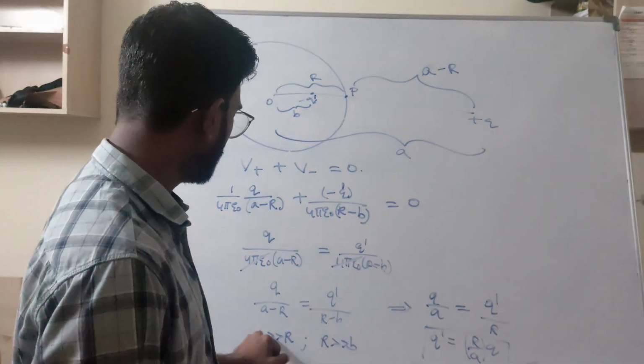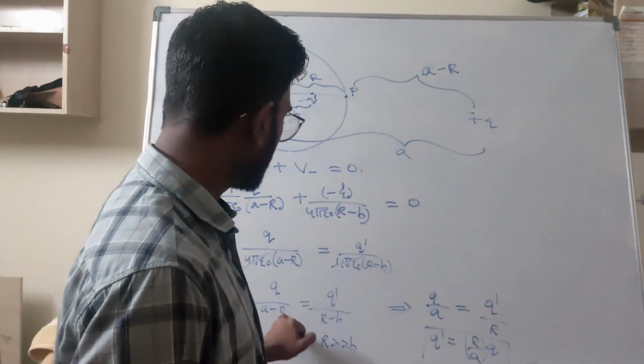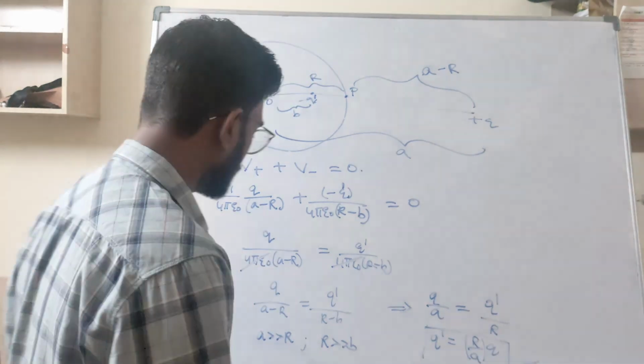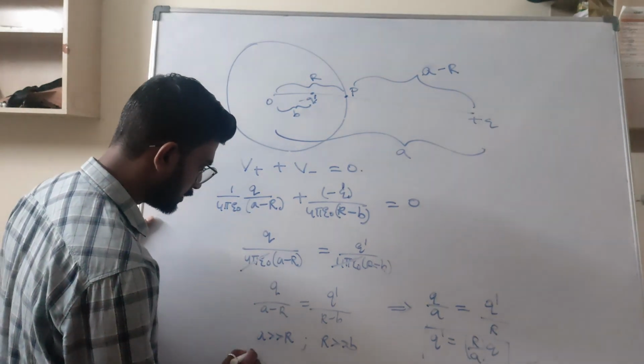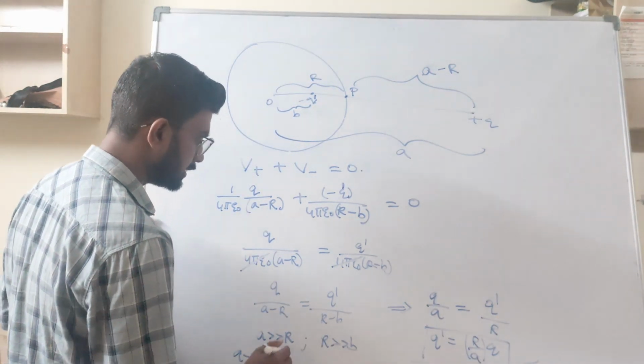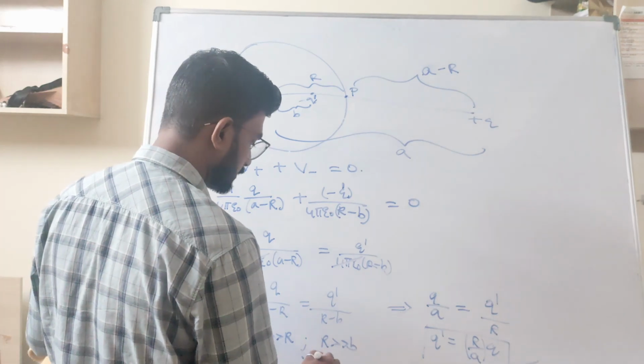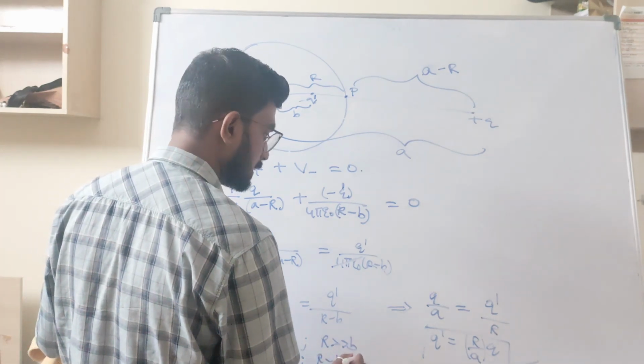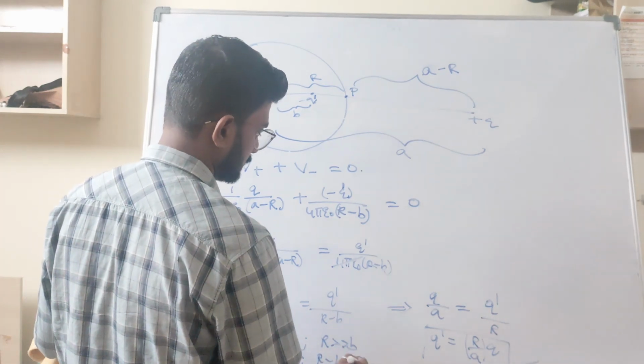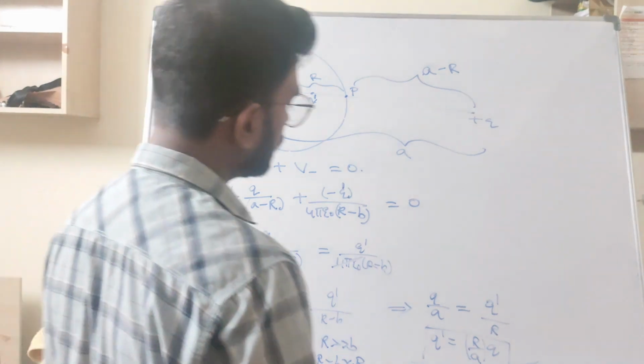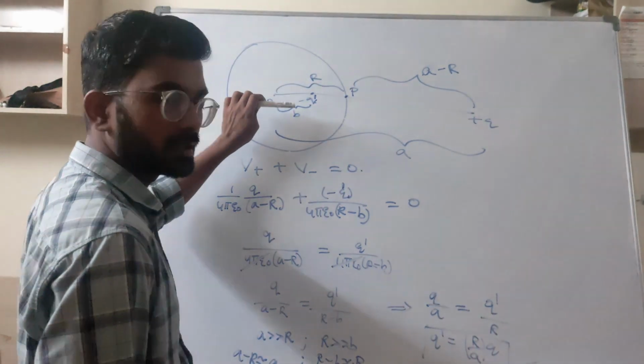So a minus r can be written as a, and r minus b can be written as r. So I substituted, and I got a new charge q dash.